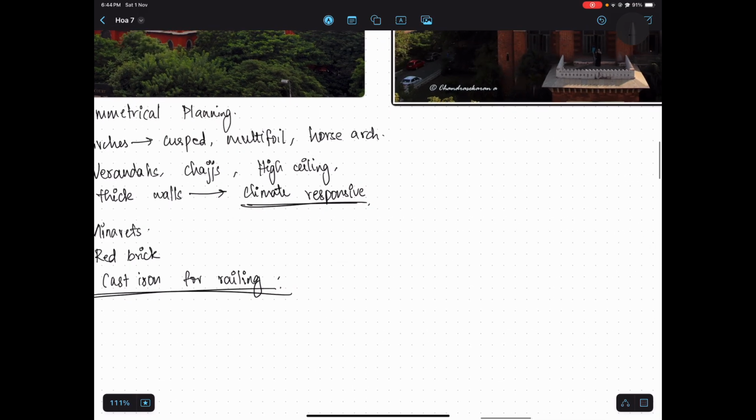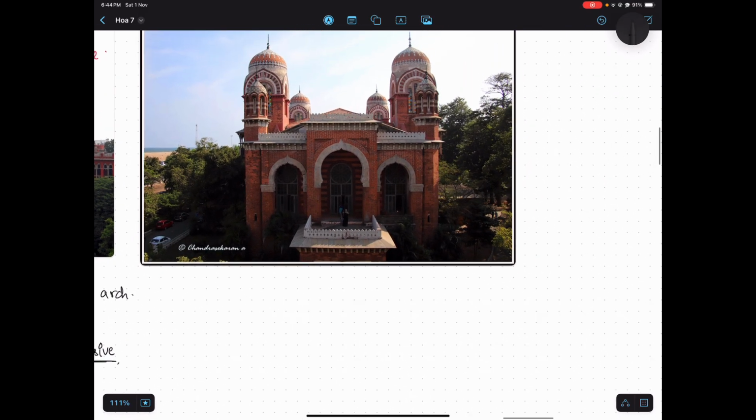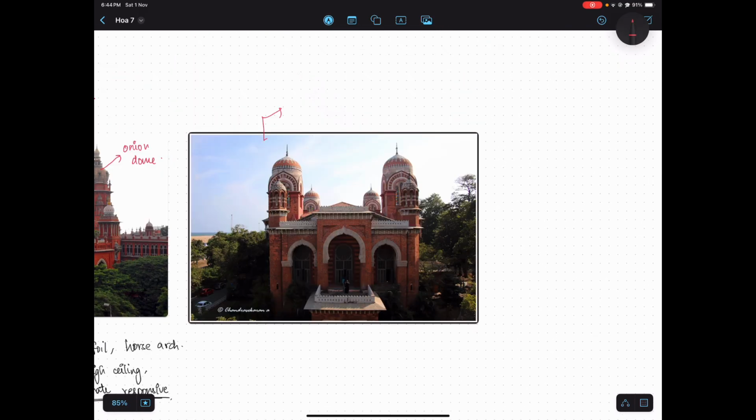So next we have Senate House, designed by Robert Chisholm.